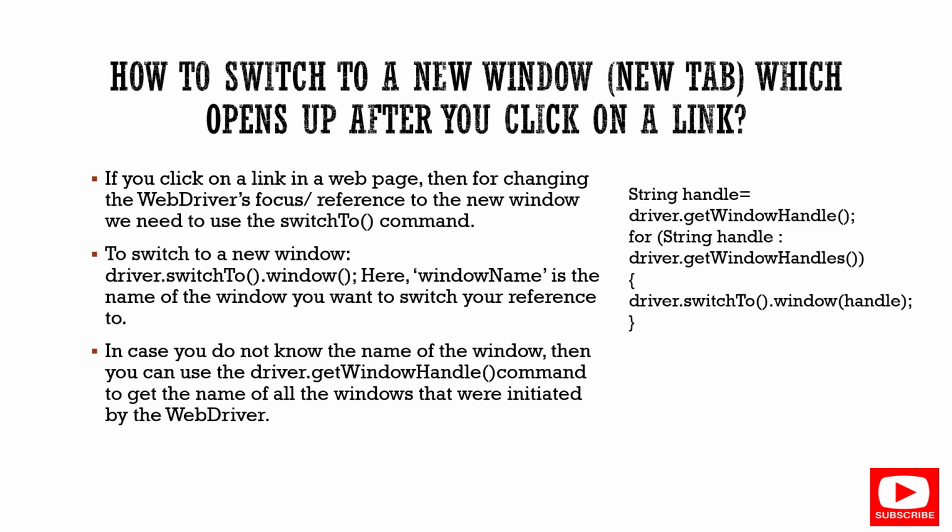Window handles provide you a string ID, in the form of an index model. The parent has one index, the child has another. To switch between them, you need to be familiar with driver.switchTo. driver.switchTo provides a window, under which you can provide your window ID.